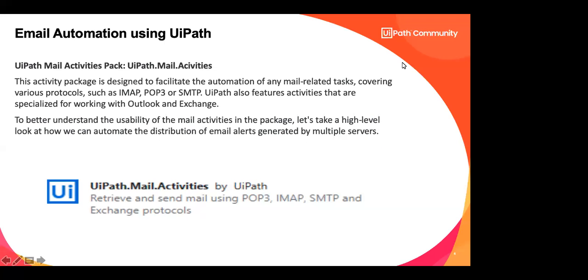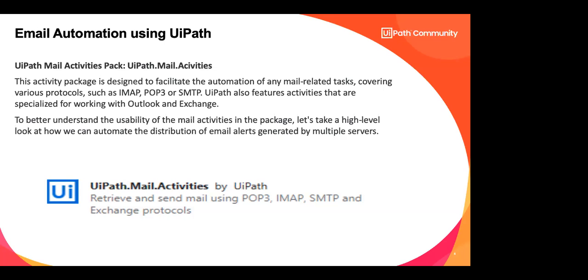Moving ahead, email automation using UiPath. We have in UiPath an activity package, which is known as UiPath.Mail.Activities. This package has all the integrations available inside UiPath for mail activities, covering IMAP, POP3, and SMTP for all the email communications used till date.